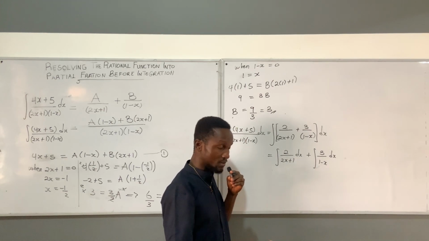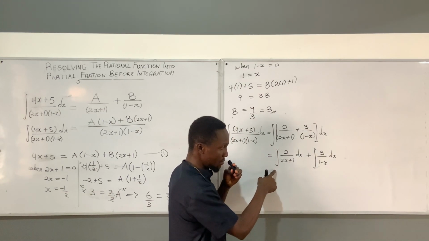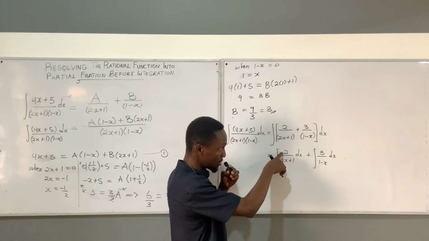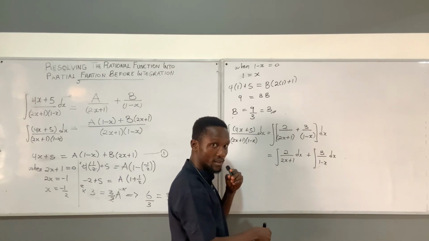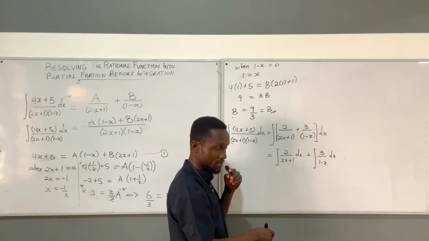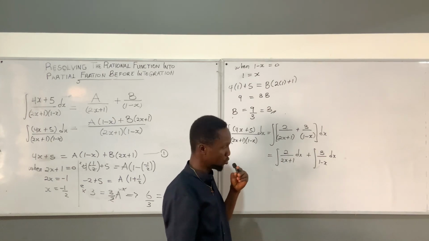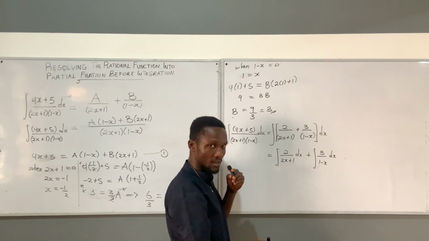Did you hear that question? Though we are doing integration, we still need to find out if we can differentiate this to make it the same as the numerator. Yes, that is possible, because when I differentiate 2x, the result is 2. When I differentiate 1, the result is 0.